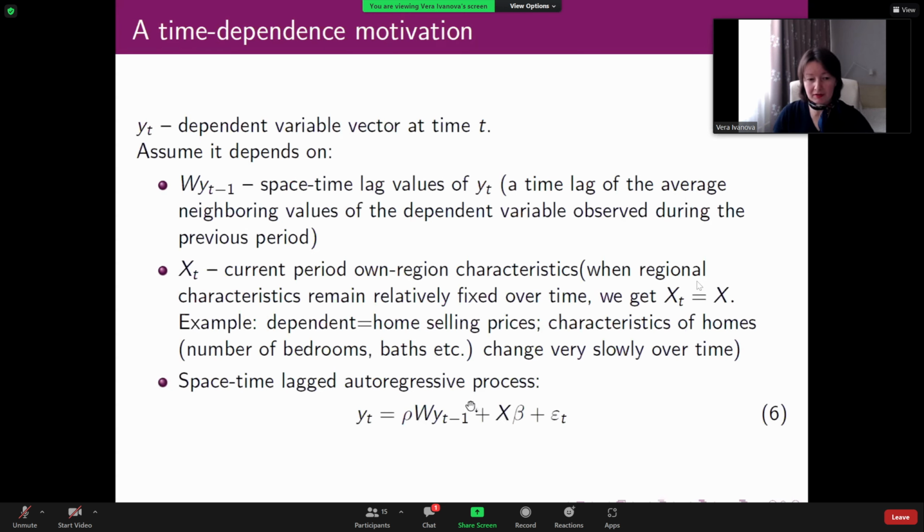Then we can construct the space-time lagged autoregressive process, where the dependent variable depends on the neighboring dependent variable values for neighbors and the own characteristics, and we get this equation.